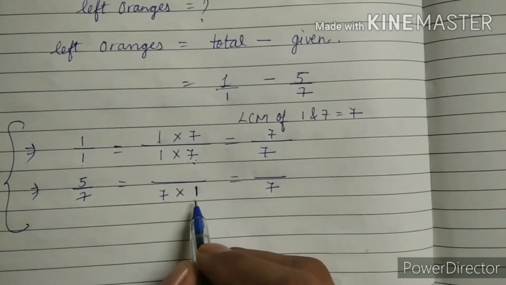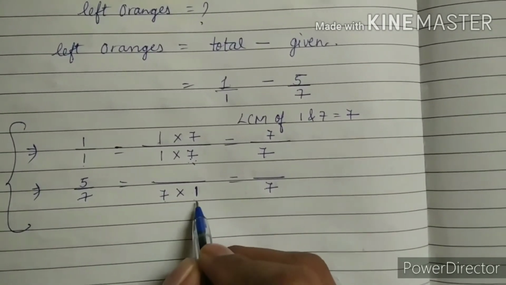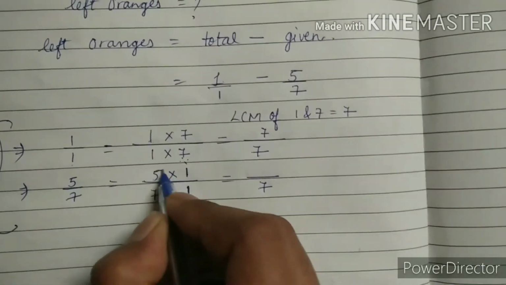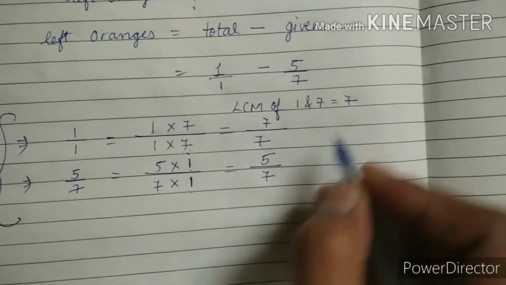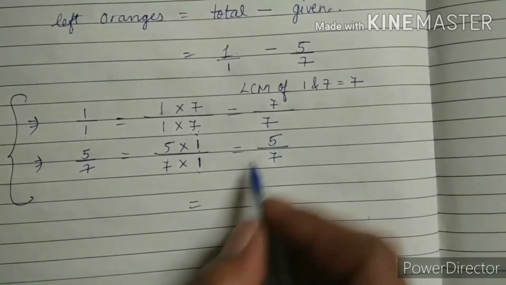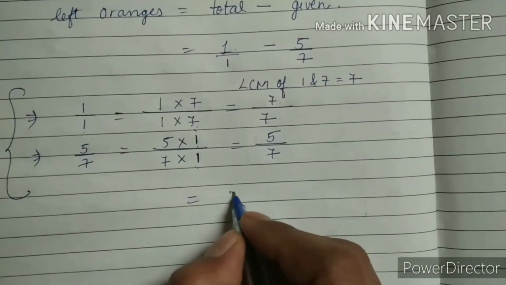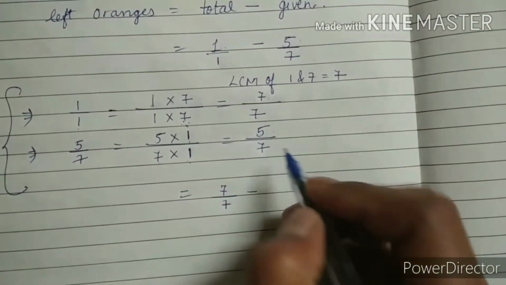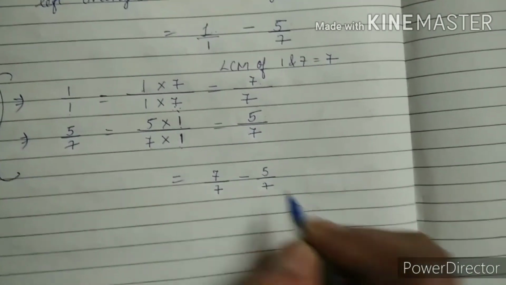If we multiply by 1 in the denominator, we multiply the same number in the numerator, so 5 into 1 is 5. Now in the place of 1 by 1 we put 7 by 7, and in the place of 5 by 7 we put the same 5 by 7.